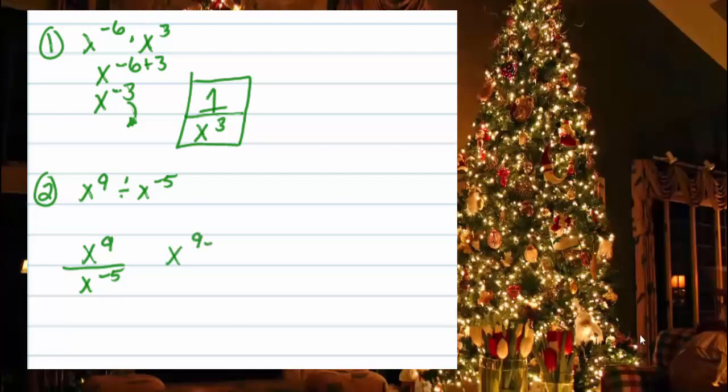X to the 9 minus negative 5. Well, 9 minus negative 5 is 14. So that leaves us with x to the 14th power.